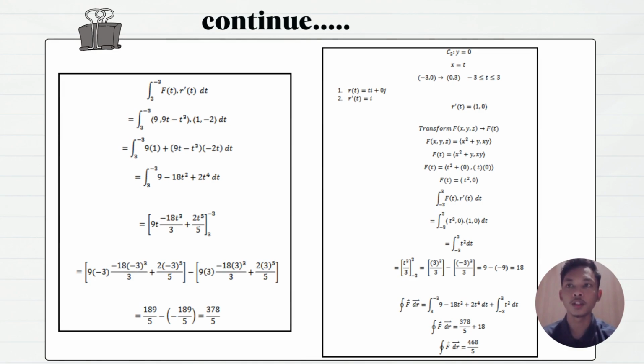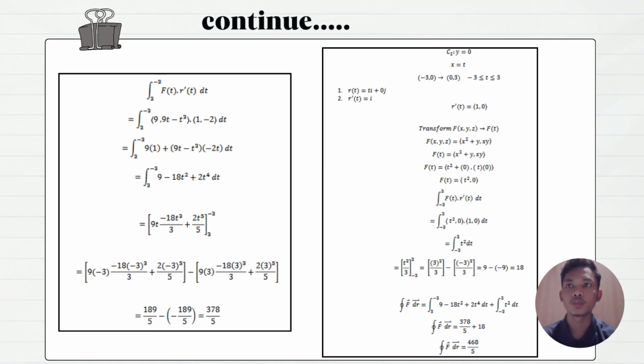We evaluate the line integrals for both paths to complete the verification. For C1, we calculate the integral from 3 to negative 3 of the dot product F of t dot r prime of t dt, which simplifies to the integral of 9 minus 18t squared plus 2t to the fourth, which gives a value of 378 over 5. Next, for the straight line C2, we parameterize x equals t and y equals 0, giving F of t equals the vector t squared, 0.